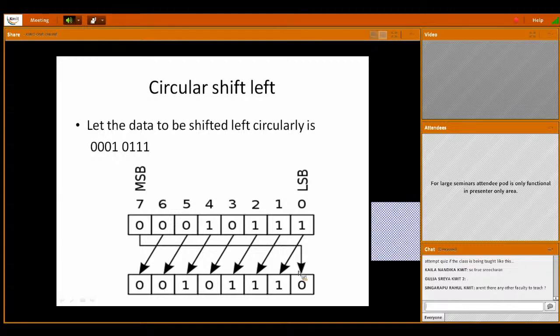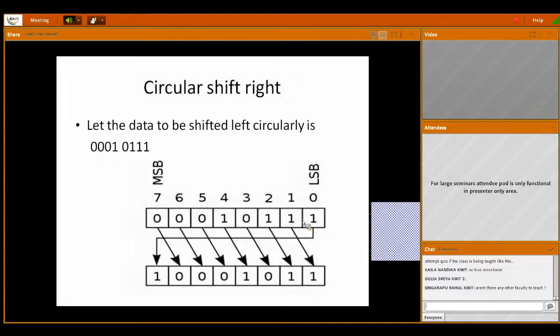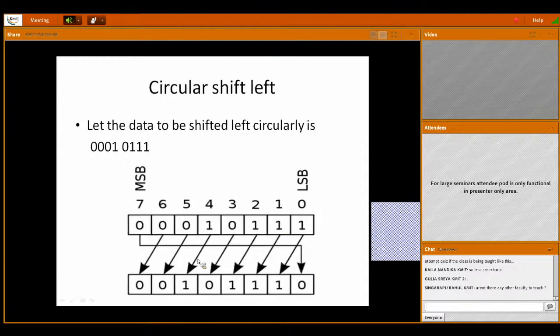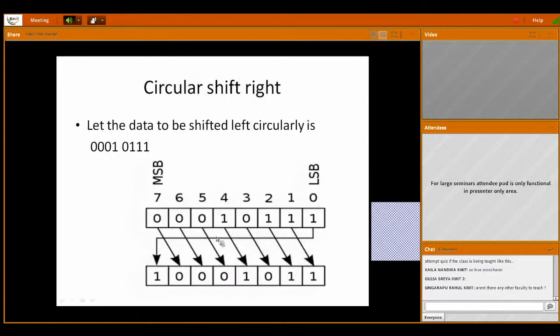Now consider circular shift to right. Let us take the same register. When you are performing the right shift, you consider the data bits from the MSB side. If it is a left shift, you consider the data bits from the LSB side and move them to the left side. In the same way, when you are performing a right shift, consider shifting the bits one by one from the MSB position.